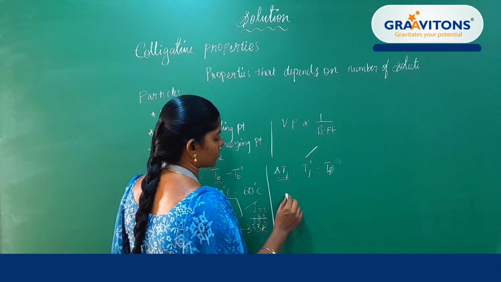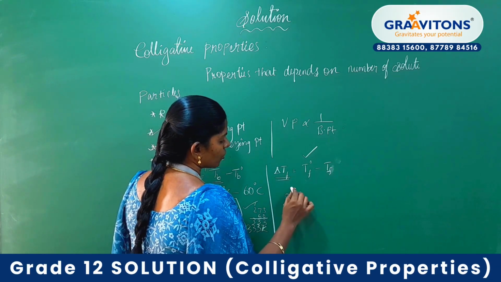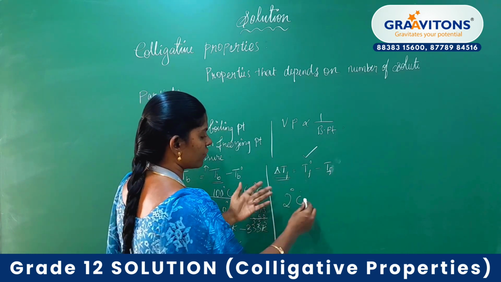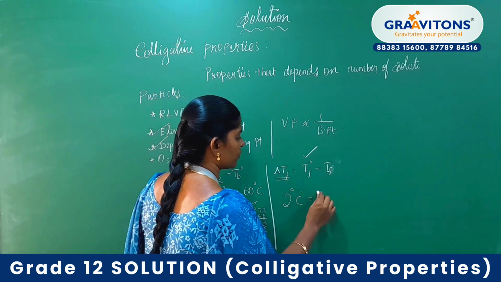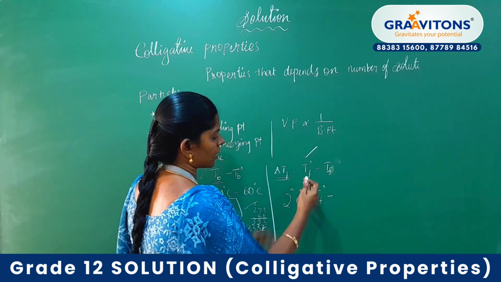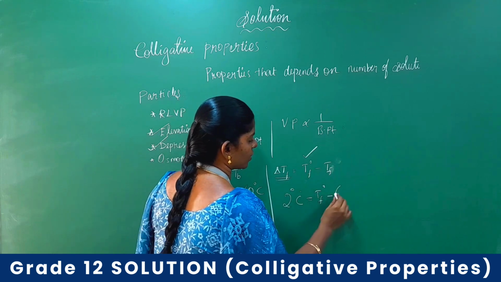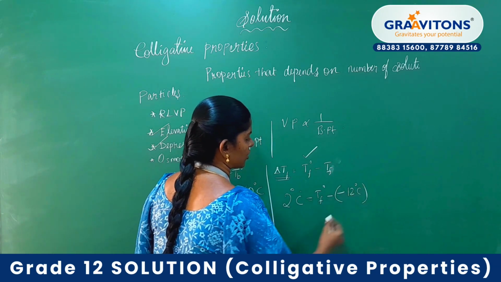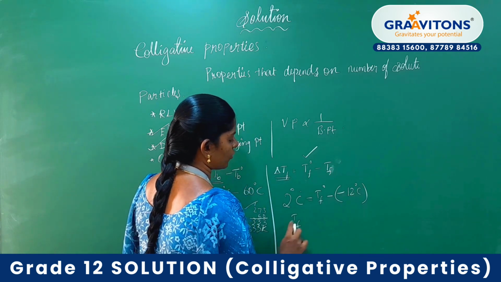For example, I am taking 2 degrees Celsius as the freezing point of the pure solvent, let it be TF naught. And what about TF? Let us take it below this, say minus 12 degrees Celsius. So what is the value of delta TF going to be?